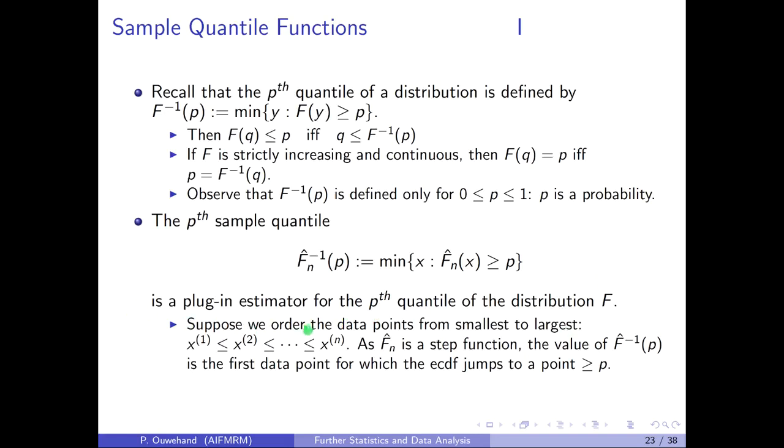Suppose we order the data points x1 up to xn from smallest to largest. Recall that the CDF is a step function, and so the value of the sample quantile function at the point p will be the first data point for which the ECDF jumps to a value which is greater than or equal to p.